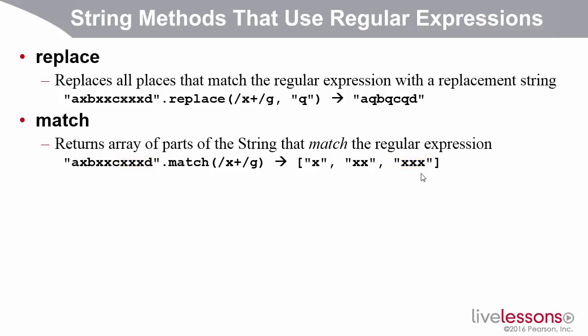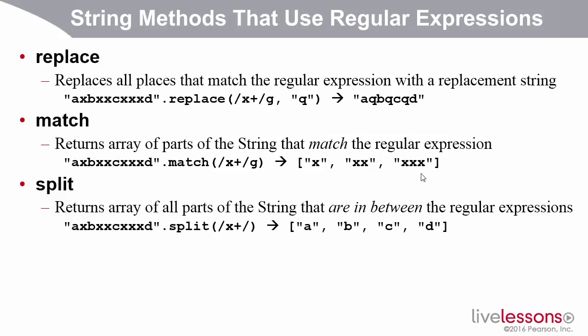Split kind of does the opposite. Instead of finding the places that match the regular expression, it finds the parts in between what matches the regular expression. So I say split it on 0 or more x's. And so the A is before, so I get the A. Then it skips over the 0 or more x's, and it finds a B. So the B is in the output.